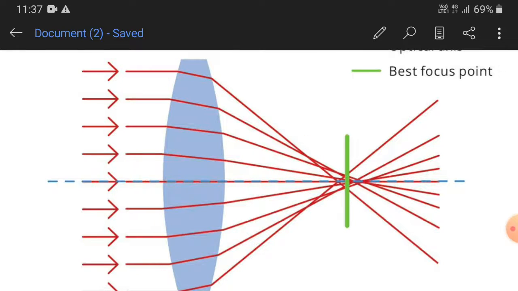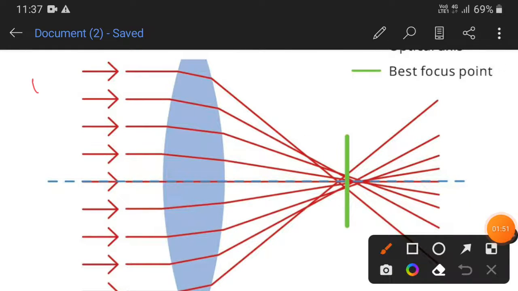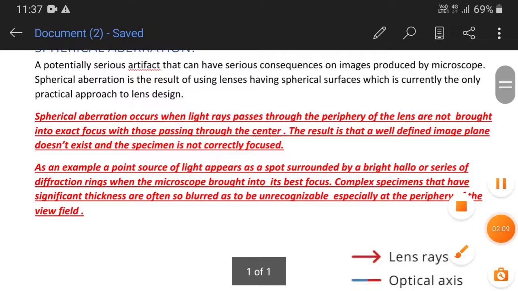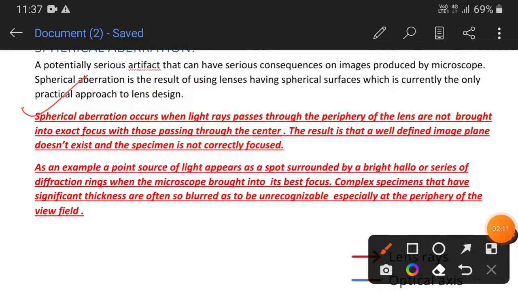That means the focus for the light rays coming through the periphery of the lens and the focus for the light rays coming through the center are not the same. So that's what I have written here: spherical aberration occurs when light rays passing through the periphery of the lens are not brought into exact focus with those passing through the center of the lens.